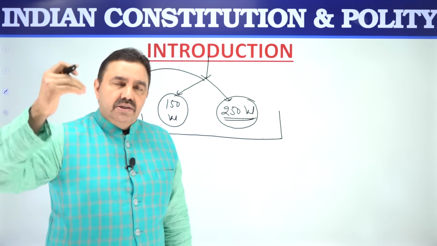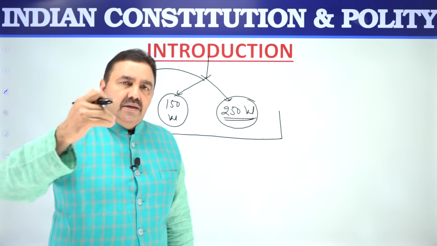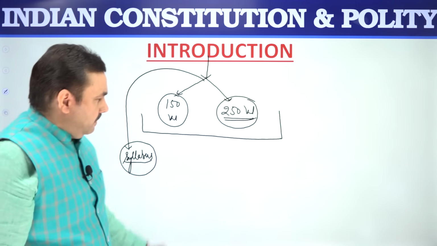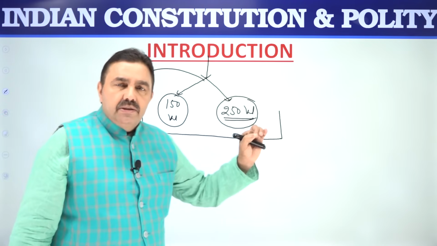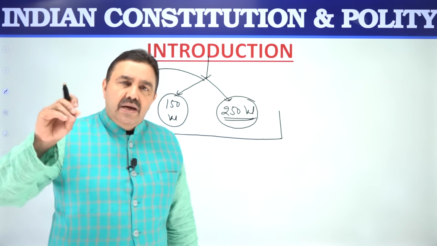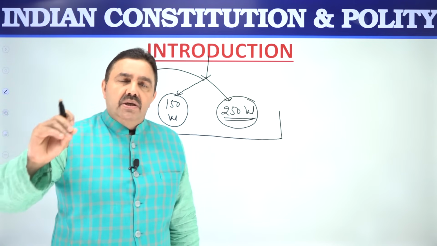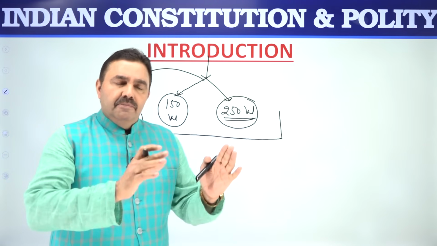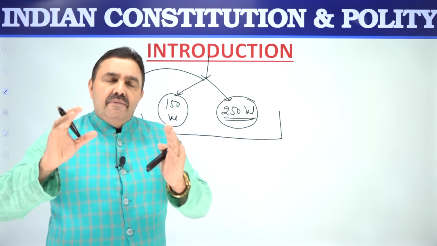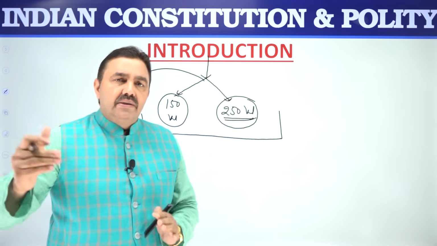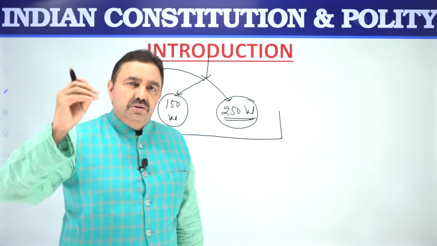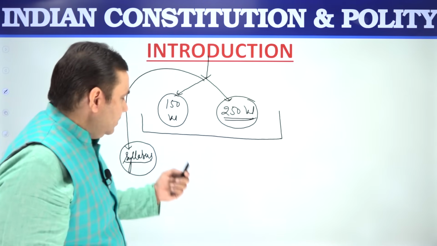Whatever the model answer is given by UPSC, the examiner can compare your points and can get you the marks which you deserve. Always incorporate charts, maps, some kind of diagram, some kind of pictorial representation to make your answer interesting. You have to ensure that your quality is good and your answer is presentable, far more attractive than others. You have to be good, you have to be different. Ensure that you meet both the conditions.